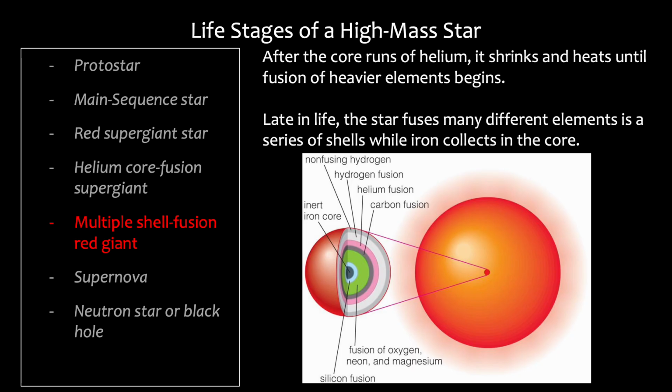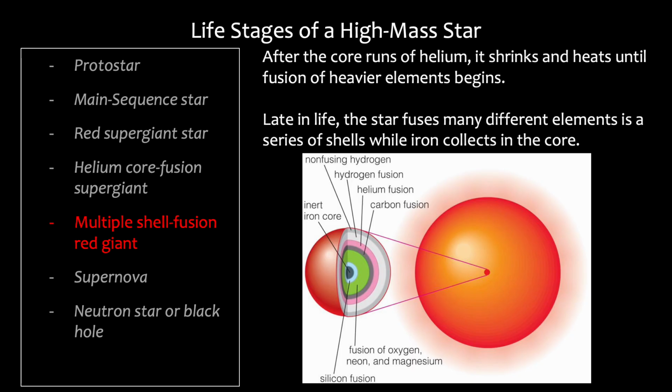Now there are many channels to burn carbon, producing oxygen, neon, magnesium, to build up a new core. As we have already discussed the helium core, then carbon core, you probably could have figured out now there's a sequence of these nuclear burnings.